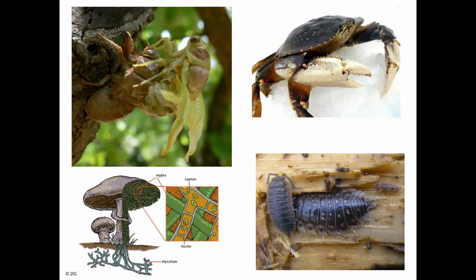Now, this image here, this is a cicada that is growing out of its exoskeleton. But not only do insects form their exoskeletons out of chitin, so do crustaceans like crabs, or the only land crustacean, the roly-poly. Fungi also fill their cell walls with chitin, which is why if you've ever felt or grabbed a mushroom, it's a little spongy, and it's because of that chitin in its cell walls that it is spongy.